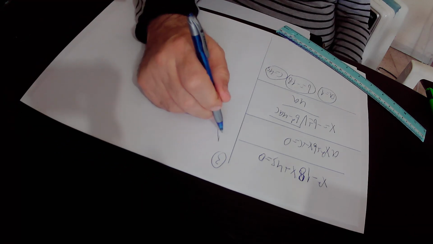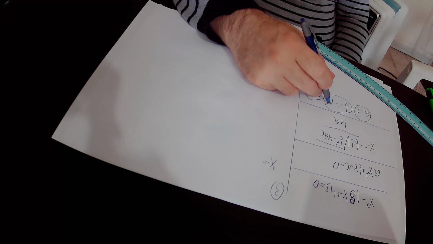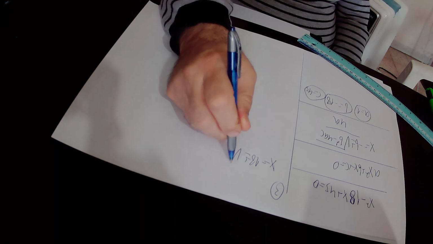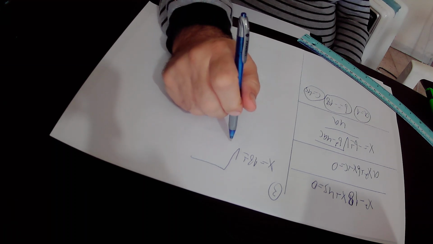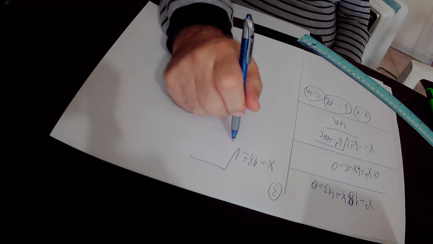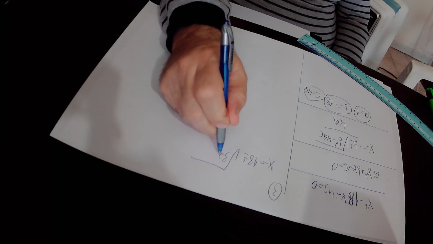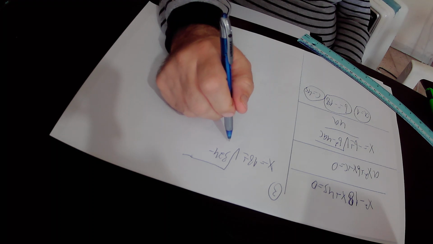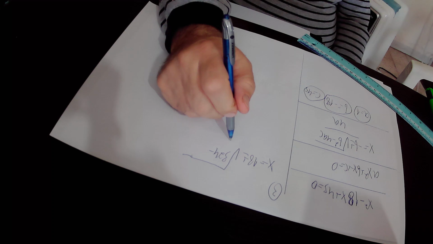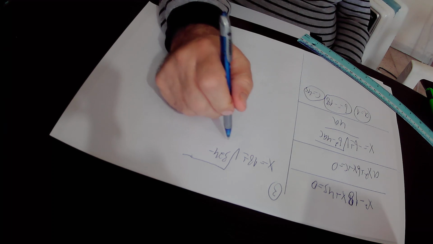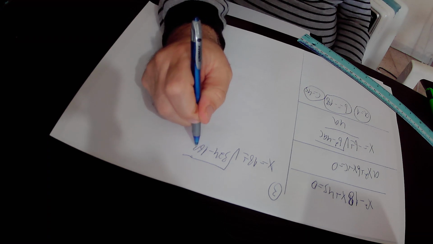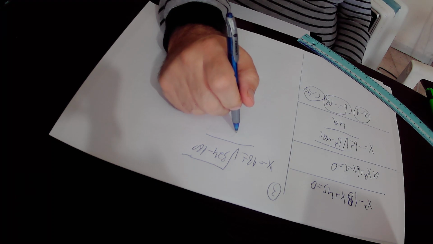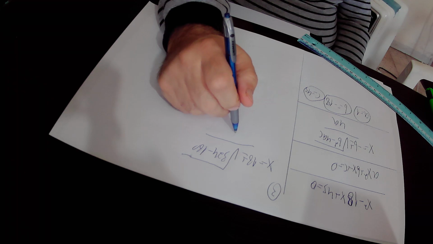Now we put the data inside this general formula in order to find out the value of x. And we get that x equals minus b. b is minus 18, therefore minus b is 18, plus or minus the square root of b squared. b squared is (minus 18) squared, that is 324, minus 4 times a, which is 1, so minus 4 times 1 is minus 4, times c, that is 45, so minus 4 times 45 is 180, divided by 2a. a is 1, so 2 times 1 is 2.